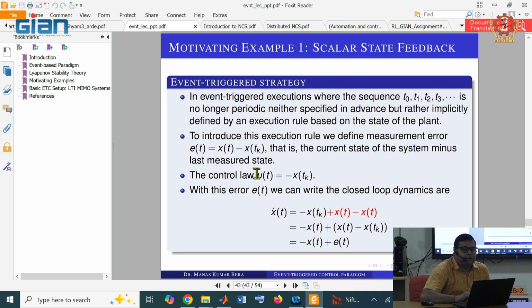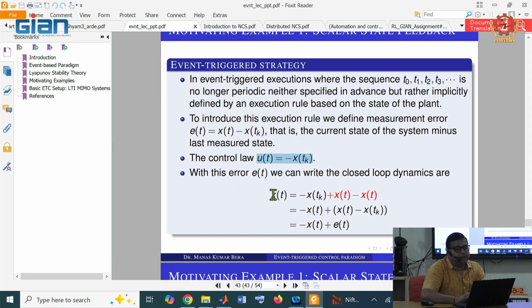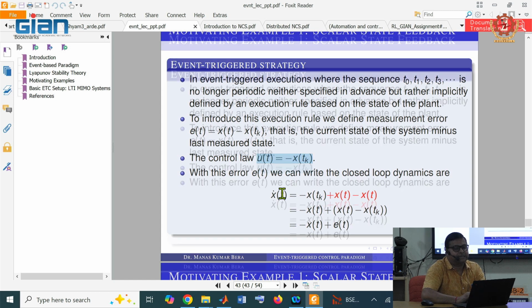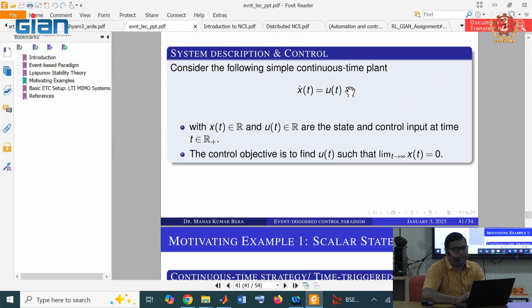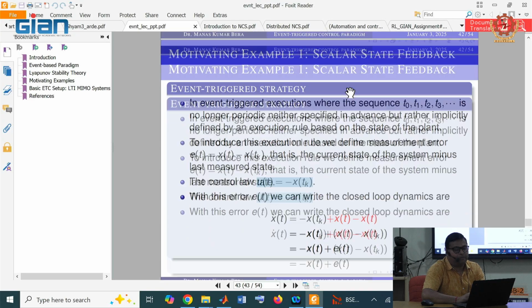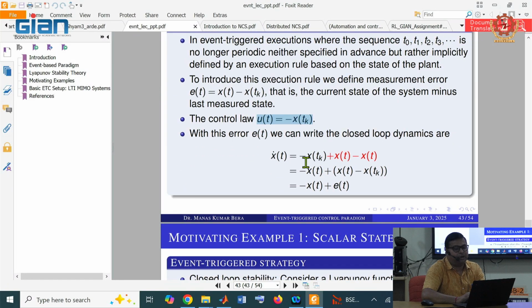Now the control law, instead of x(t), we write u(t) equal to minus x(t_k). The closed loop system: the system was x dot equal to minus u(t), and with the control minus x(t_k), we get x dot(t) equal to minus x(t_k), which can also be written as minus x(t) plus e(t). So x dot(t), the closed loop system, is equal to minus x(t) plus error.